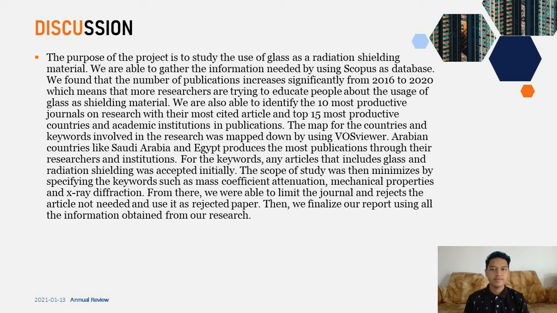For the keywords, any articles that include glass and radiation shielding were accepted initially. The scope of study was then minimized by specifying the keywords such as mass attenuation coefficient, mechanical properties, and X-ray diffraction. Then, we finalized our report using all the information obtained from our research.